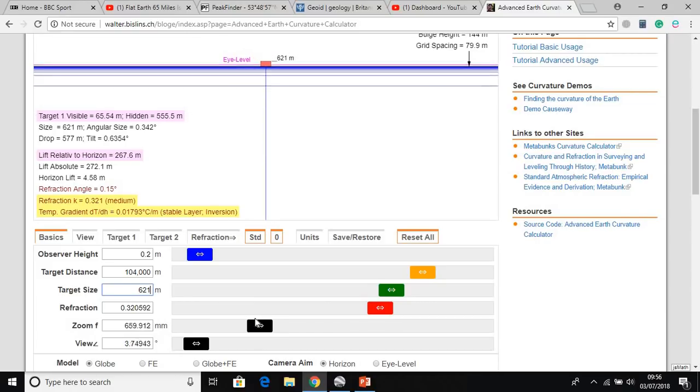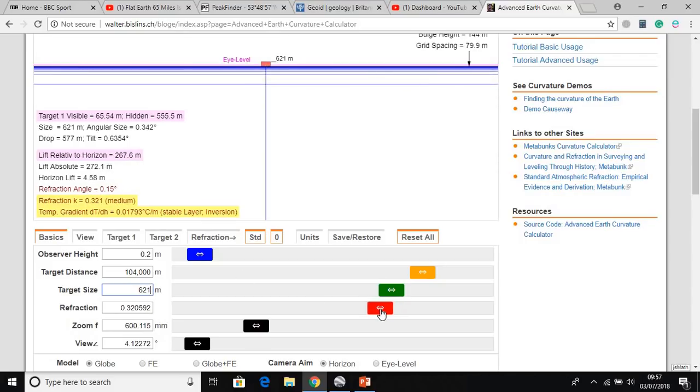So we know that with some refraction, we can get the object to appear above the horizon. And the amount of refraction is greater than average, but is not absurdly excessive. It's simply an amount that, well, it gives here the refraction angle, which I think changes as I change.